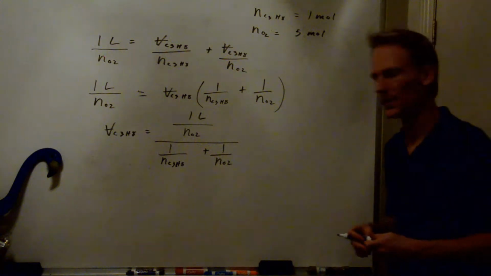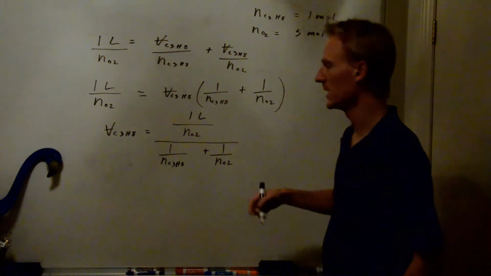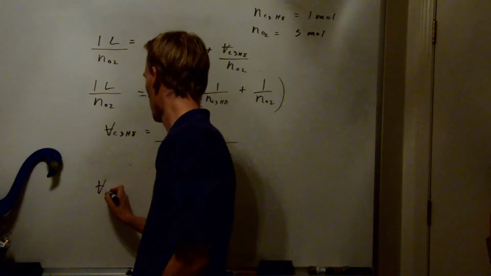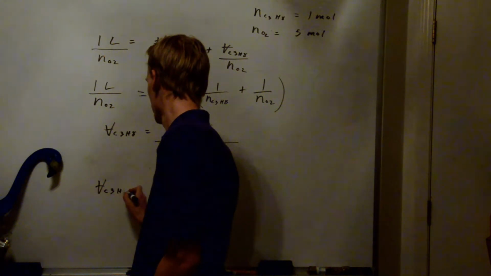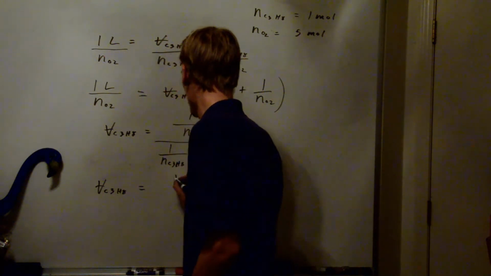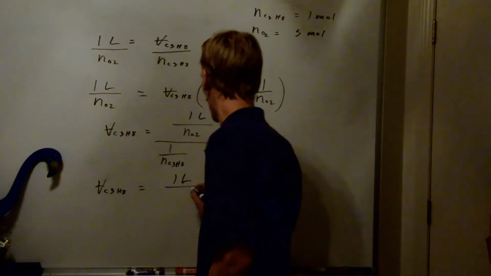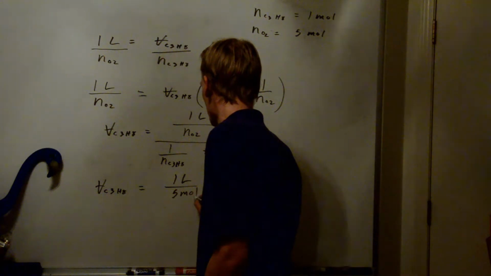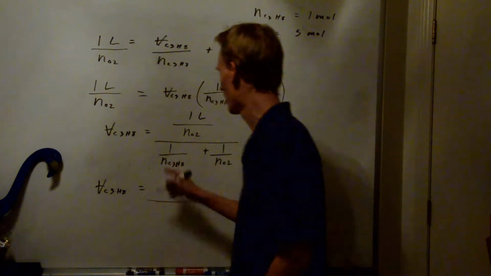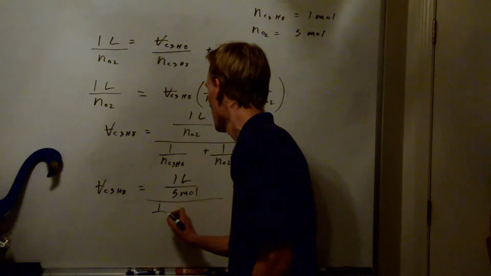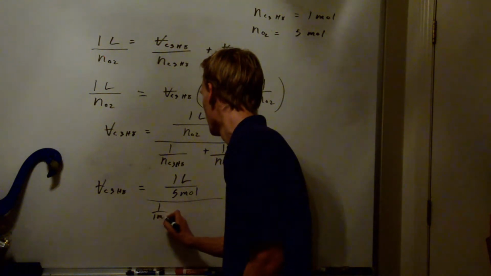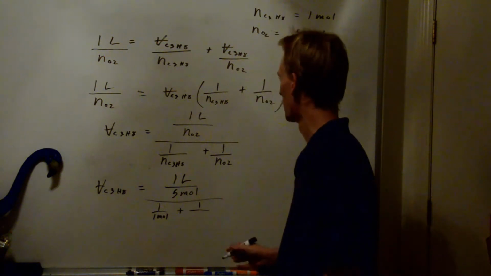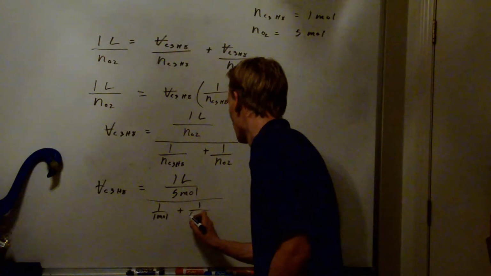So let's plug in our values. Now that we know our number of moles, at least with respect to one another, we can say that our volume of propane is equal to 1 liter over the number of moles of O2, which we said was 5 moles, over 1 over the number of moles of propane, so 1 mole, plus 1 over the number of moles of oxygen, which is 5 moles.